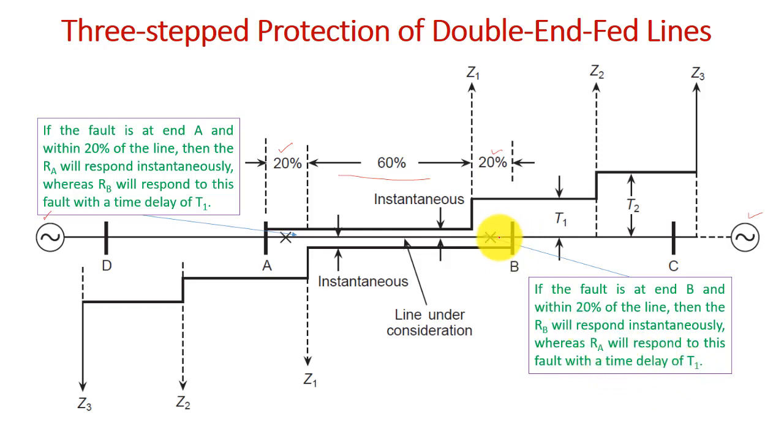So that means the isolation of this line, when the fault is happening within the 20% at both ends, is not happening instantaneously. It takes some time, because first the relay operates at one end and the remote relay operates with a time delay. So that in fact causes problems.